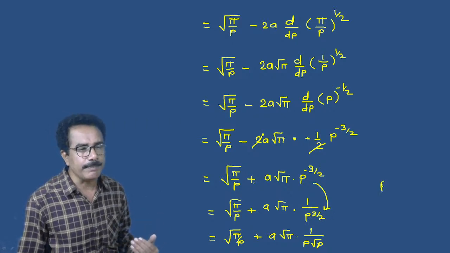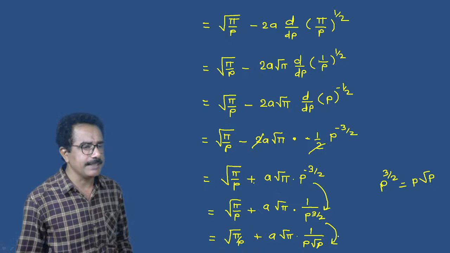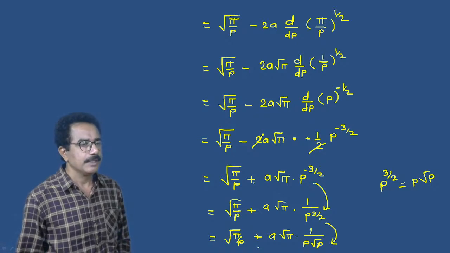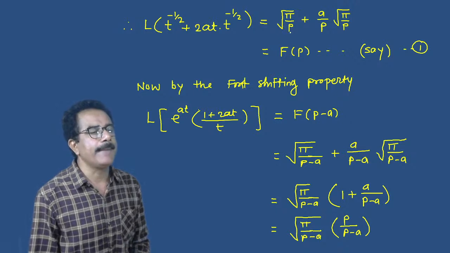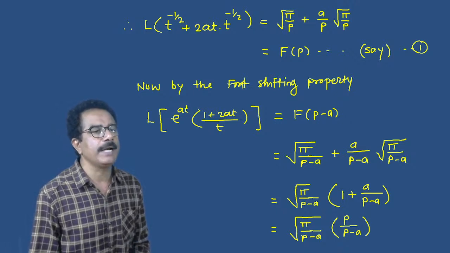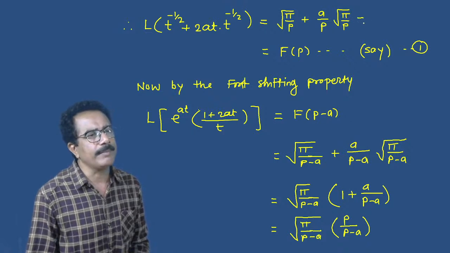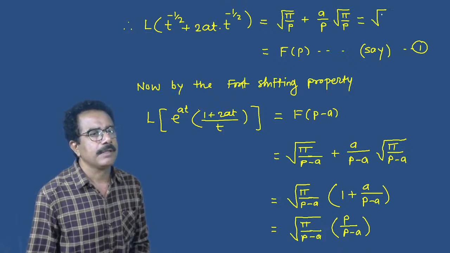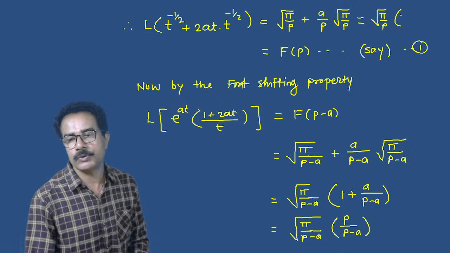P raised to 3 by 2 we can write as p root p. So the final answer will be root pi by p plus a divided by p into root of pi by p. We can take a common root pi by p also here. Then which are the remaining terms in the bracket, students? Now you tell me.